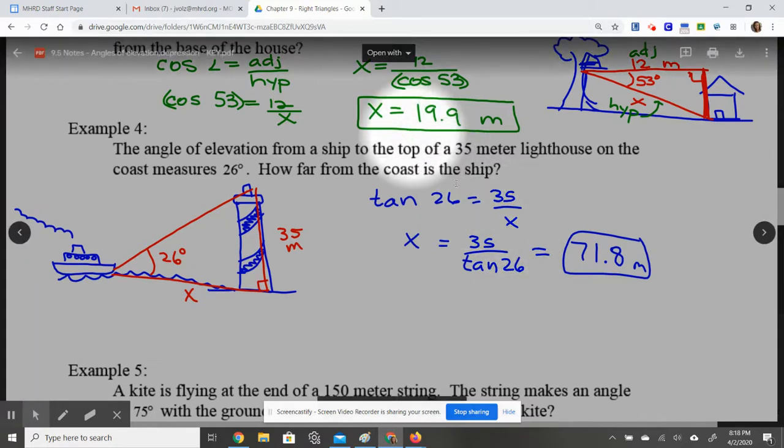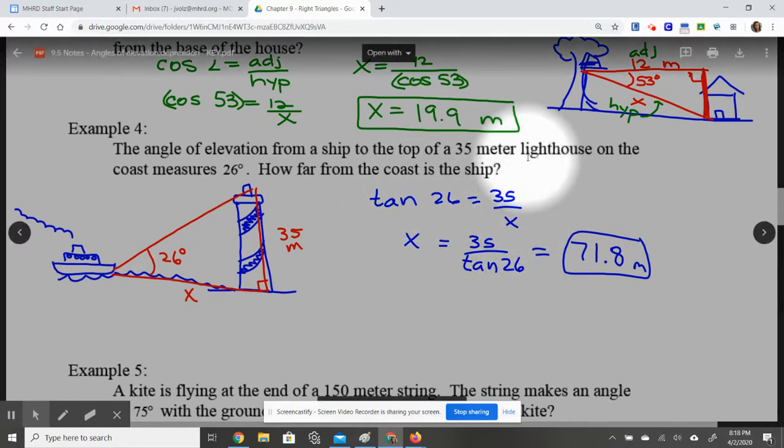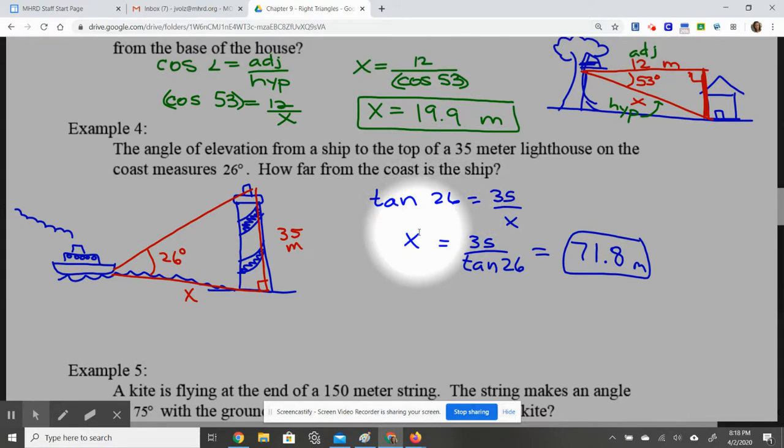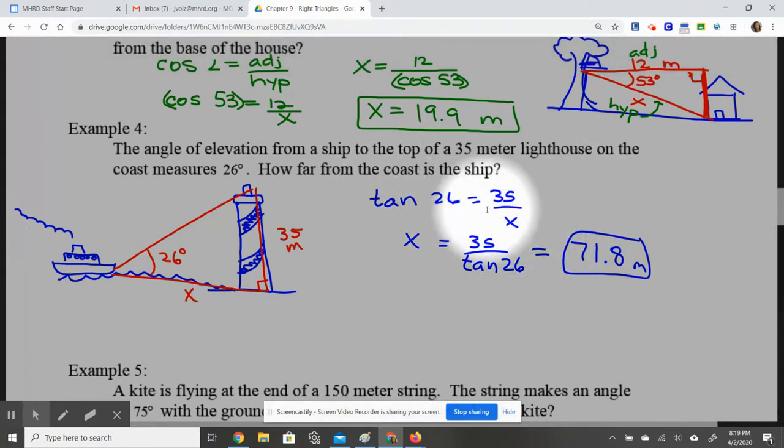And like I said up here, there's a shortcut you can take. This x here can be swapped completely with tan of 26. It's just like you are switching the cross products, thinking of this as a fraction over 1, and they're totally equal either way you write them.